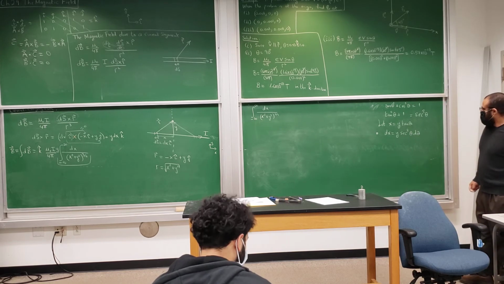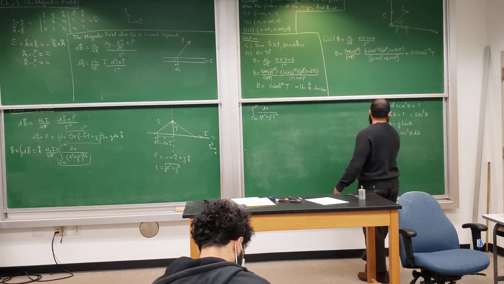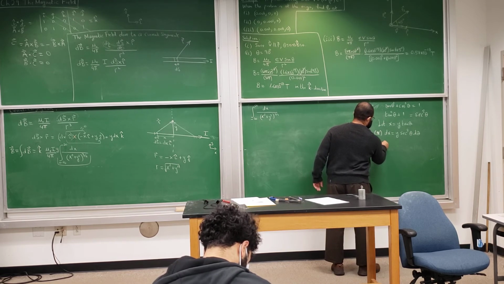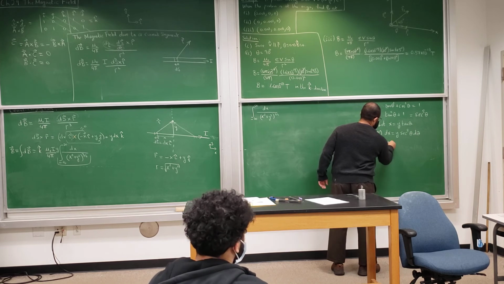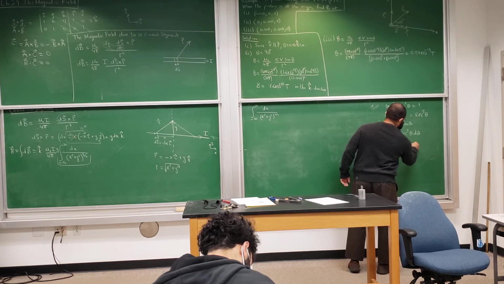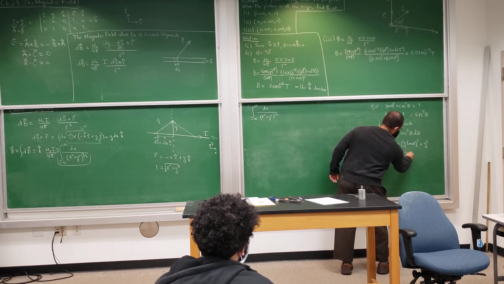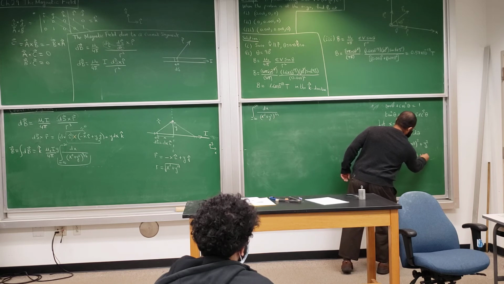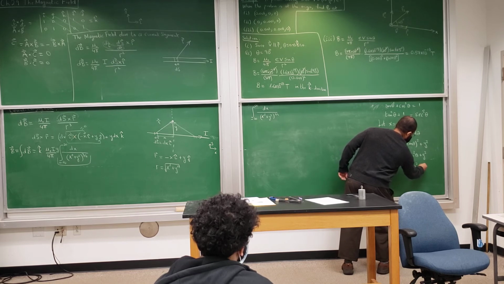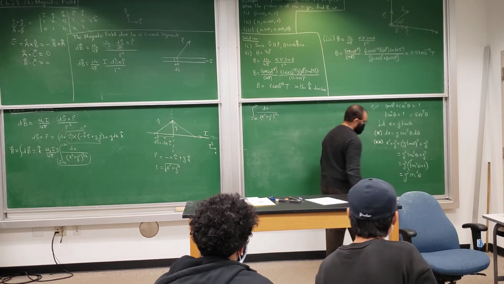The next one is, let's square the x and see what we get. x squared plus y squared is y tangent theta squared plus y squared, which is y squared tangent squared theta plus y squared, which is y squared times tangent squared theta plus 1, which is y squared secant squared theta.